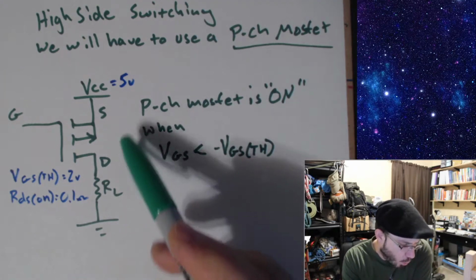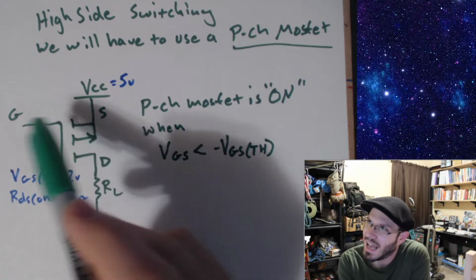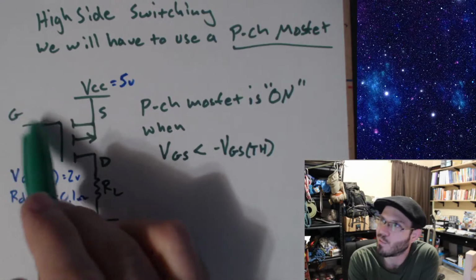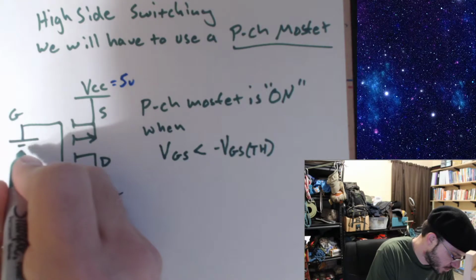Okay, and so if we wanted this to be on, instead of tying the input to 5 volts, we're just going to tie it to ground.